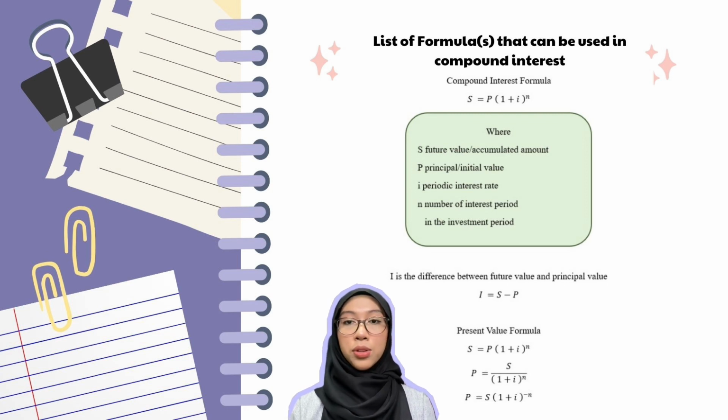Hence, P = S(1 + i)^-n. Capital I is the difference between future value and principal value. In order to find capital I, you can use the formula I = S - P.